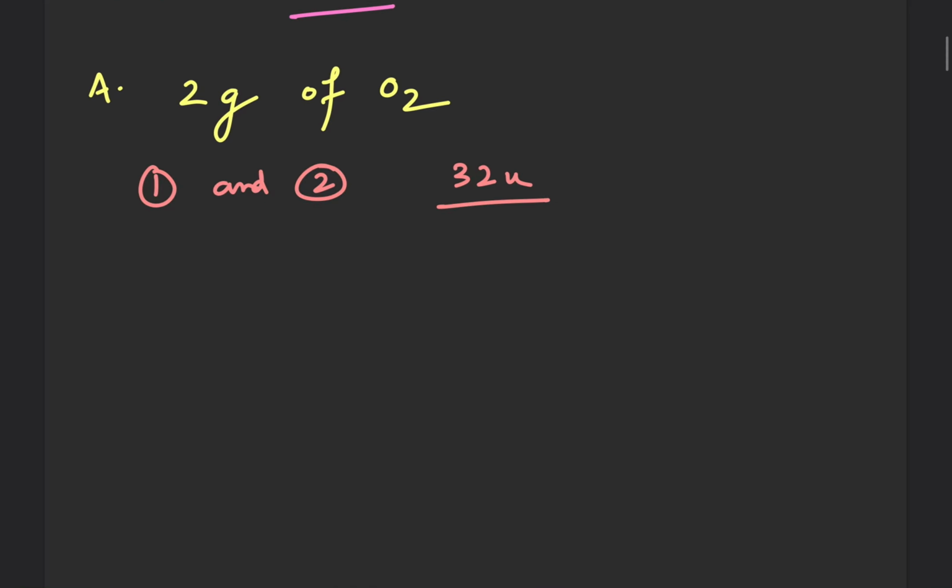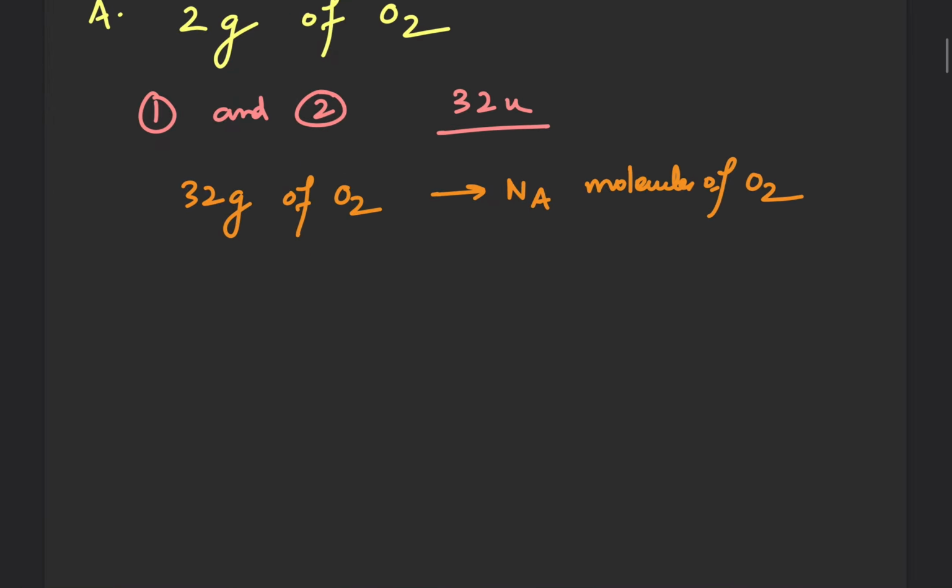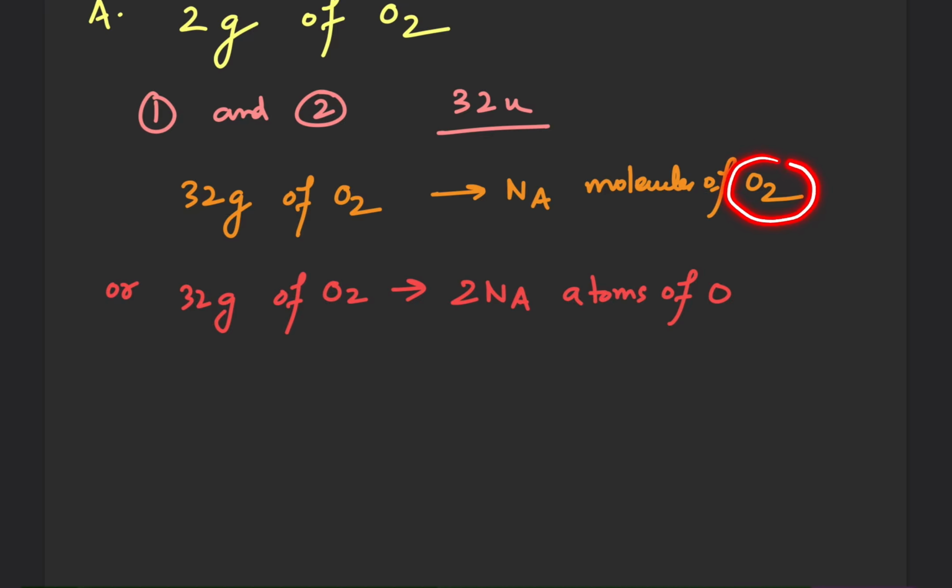So 32 gram of O2 will contain Na molecules of O2, or 2 into Na atoms of O, because one O2 molecule has two atoms of O.